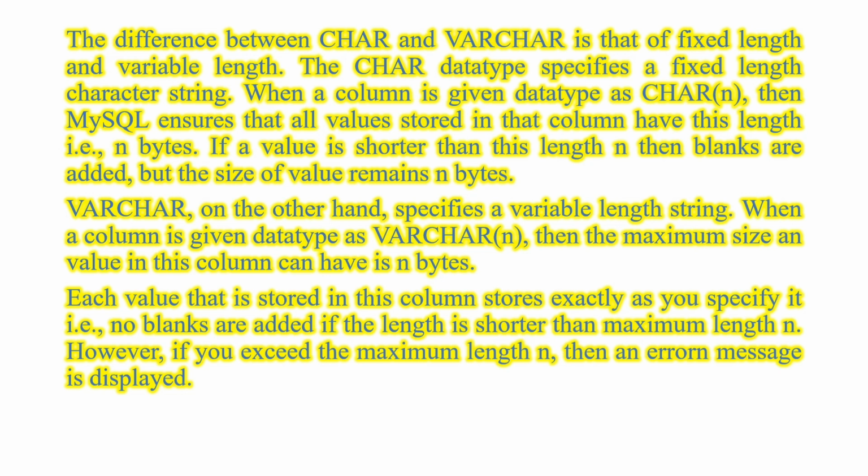Varchar, on the other hand, specifies a variable length string. When a column is given data type as varchar(n), then the maximum size a value in this column can have is n bytes. Each value that is stored in this column is stored exactly as you specify it. That is, no blanks are added if the length is shorter than the maximum length n. However, if you exceed the maximum length n, then an error message is displayed.